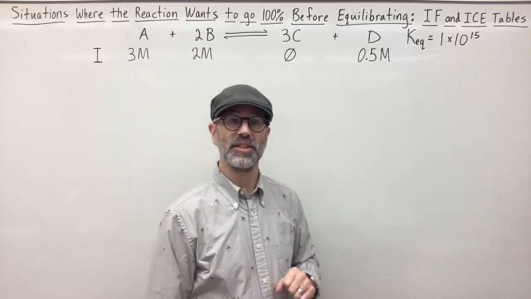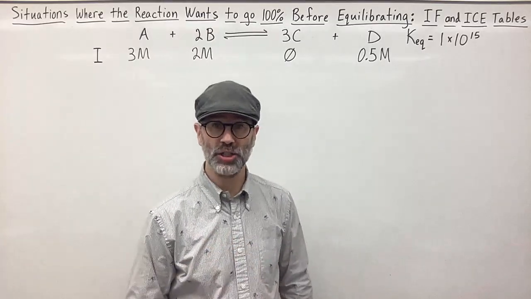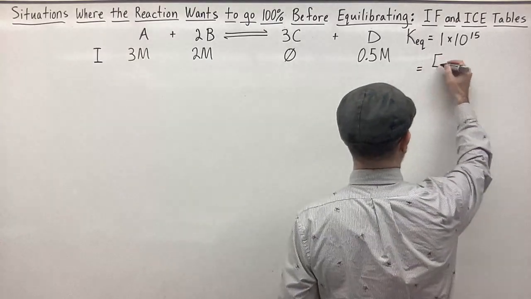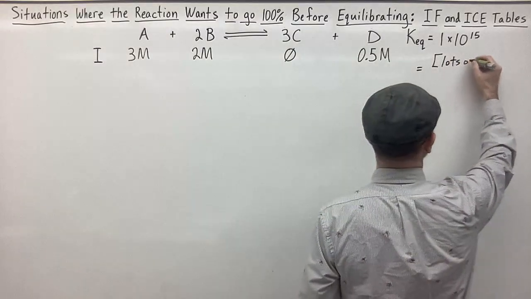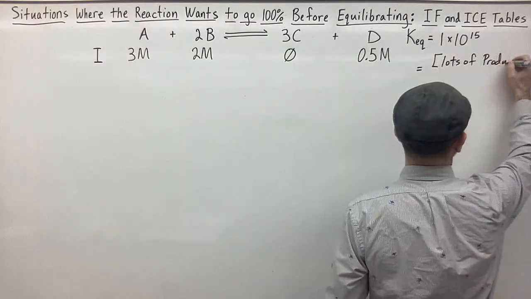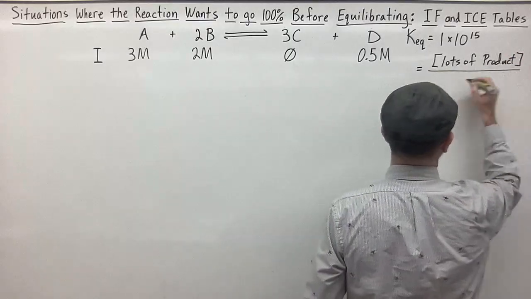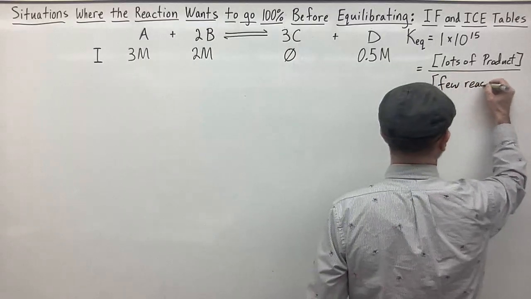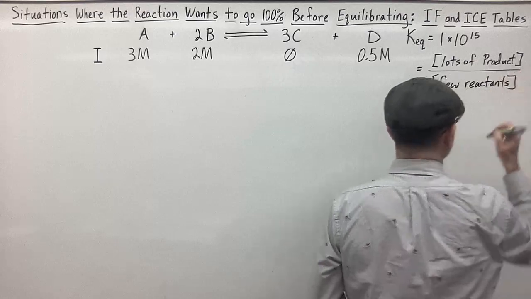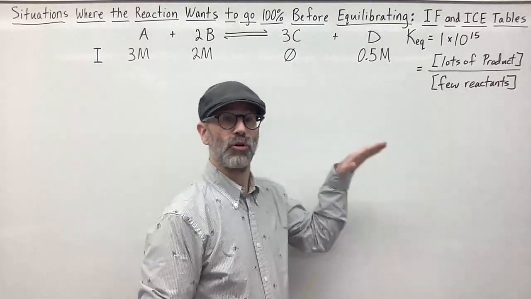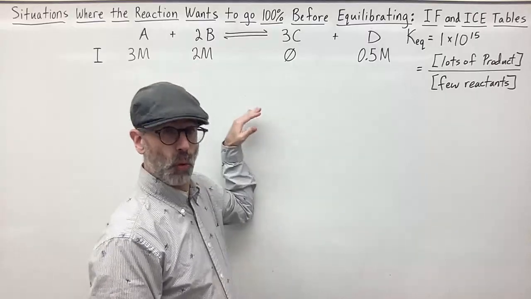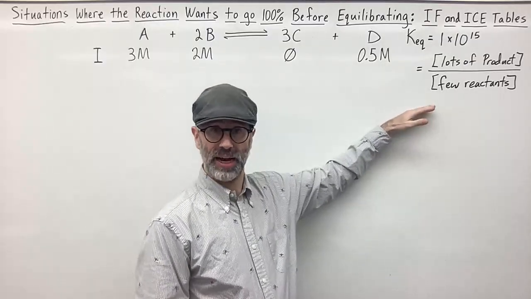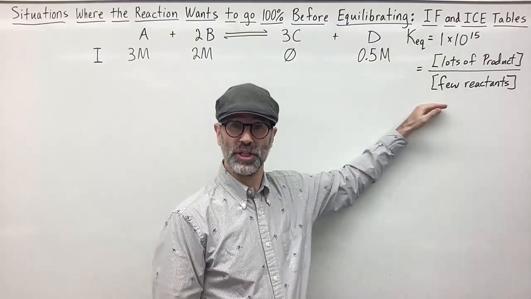However, look at the K value for this reaction. It's 1 times 10 to the 15. That's a very, very large K. So remember, large K means that you're going to have lots of product and few reactants at equilibrium. So the reaction very heavily favors the product side, but that's exactly the way it's going to shift.